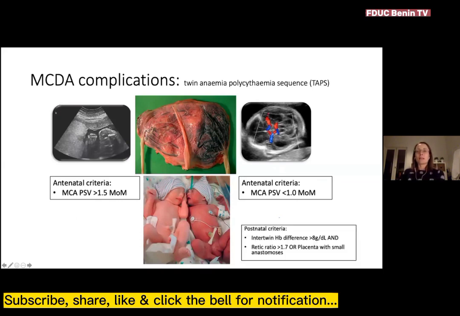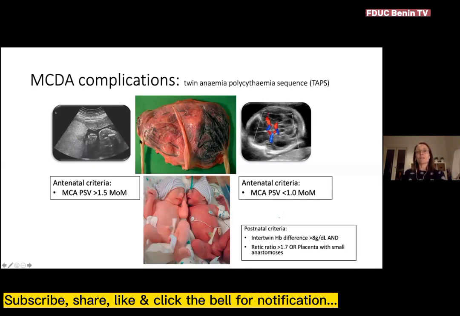It's actually quite difficult and uncommon to detect antenatally, and it's more common to detect particularly the less severe cases postnatally. So the postnatal criteria are a difference in hemoglobin and either a reticulocyte ratio greater than 1.7 or the typical placental pathology that we see.